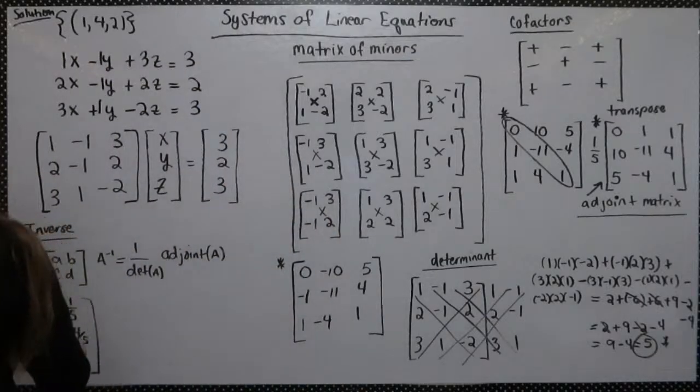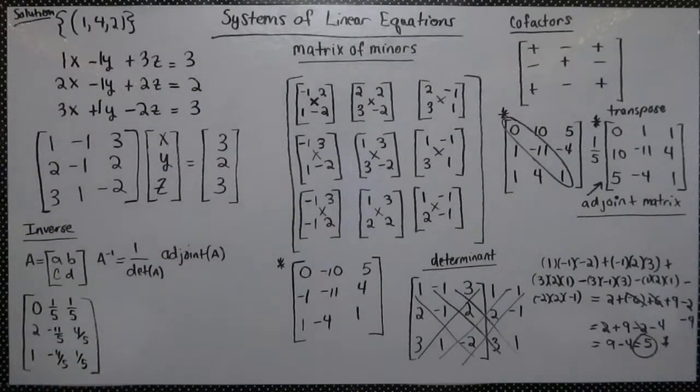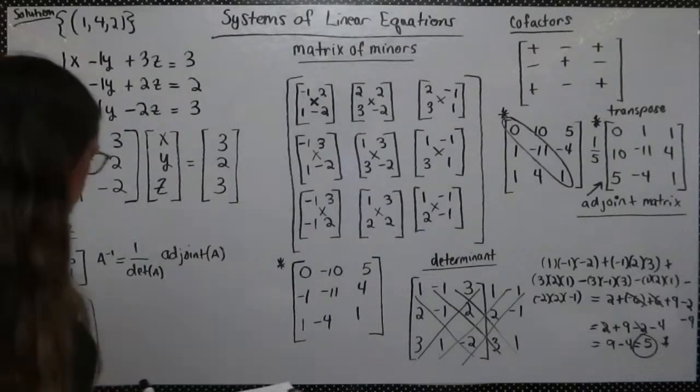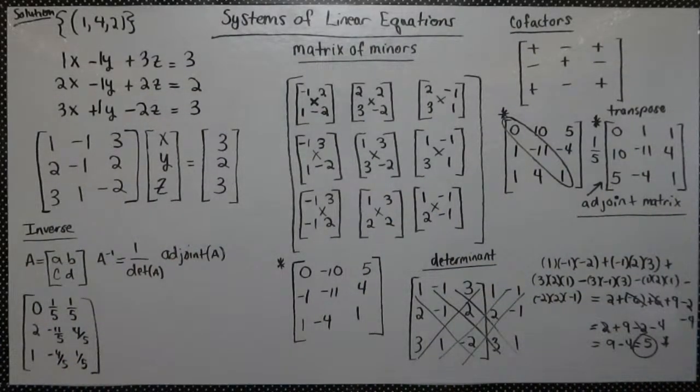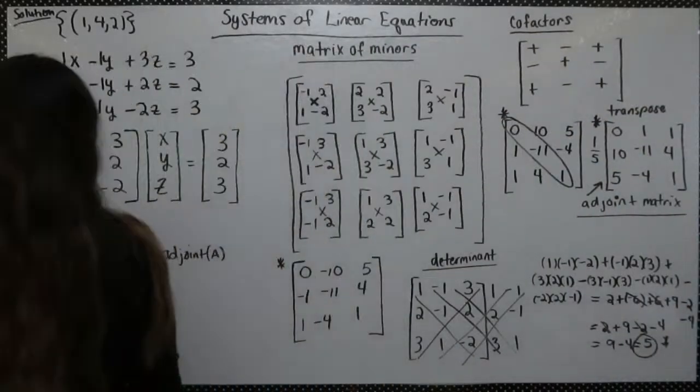So I don't know how I snuck that negative in there. It's not negative, it's 4/5 positive. Okay, good, that was the only mistake I saw. It's because this is positive here, so positive 4 times 1/5 is positive 4/5. Okay, so this is your inverse.